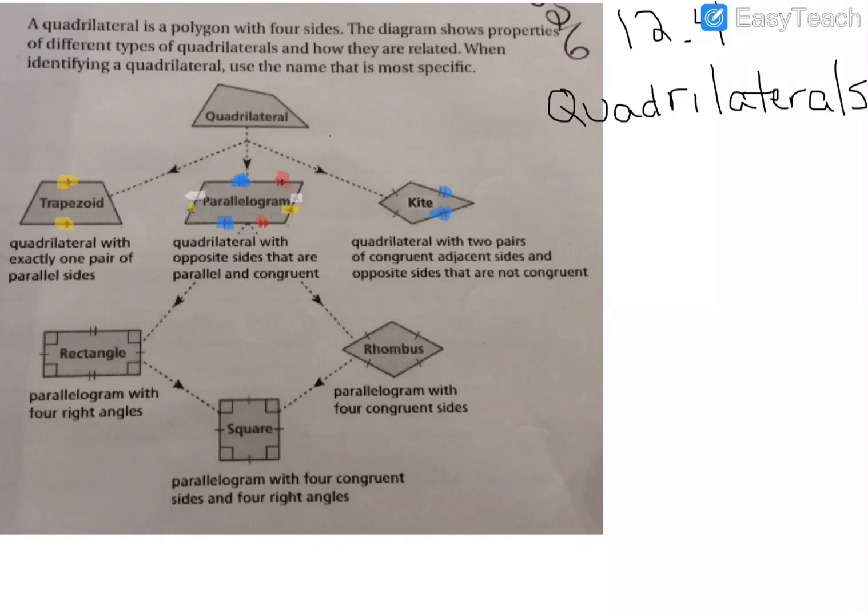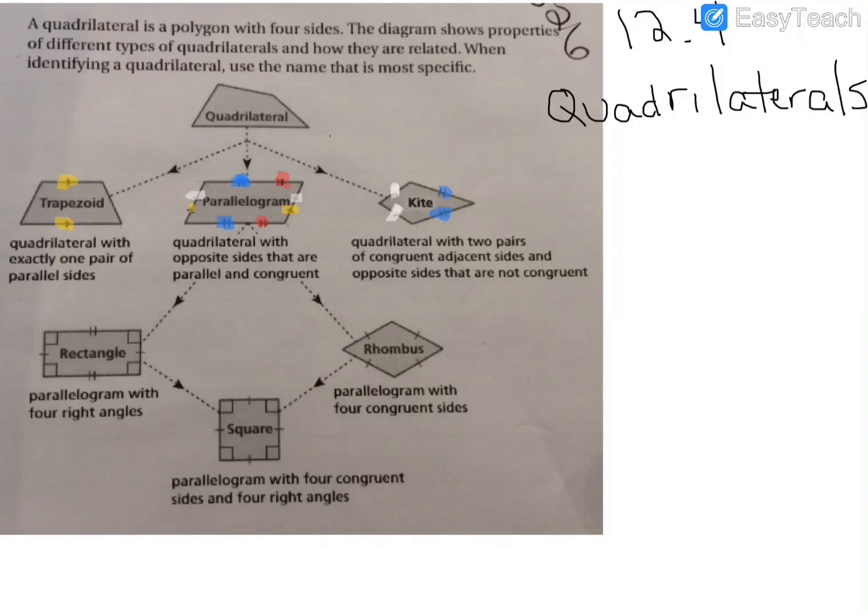Now the other, what did I do? Yellow? No, I did white for that one. The one tick marks, those two sides are parallel and they also connect at a vertex, so they are also adjacent. So two pairs of congruent adjacent sides and opposite sides that are not congruent.